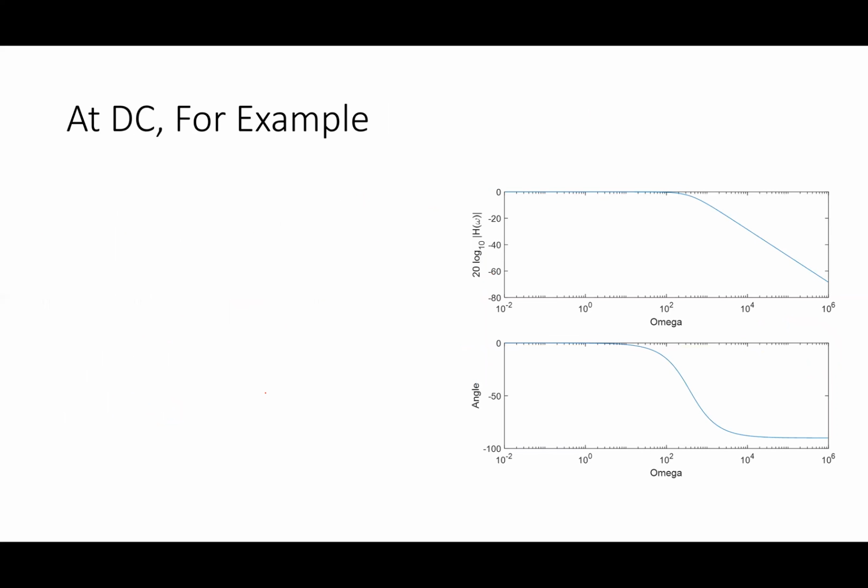Now, how would I use this? Let's say I'm looking at DC. So I know that V out of 0 equals H of 0 times V in of 0, and I know that V in of 0 equals 5. So how do I use this graph to figure out what H of 0 is?